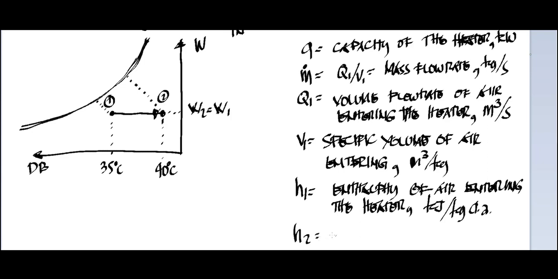Then we have your enthalpy 2, the enthalpy of air leaving the heater, also in kilojoule per kilogram of dry air.